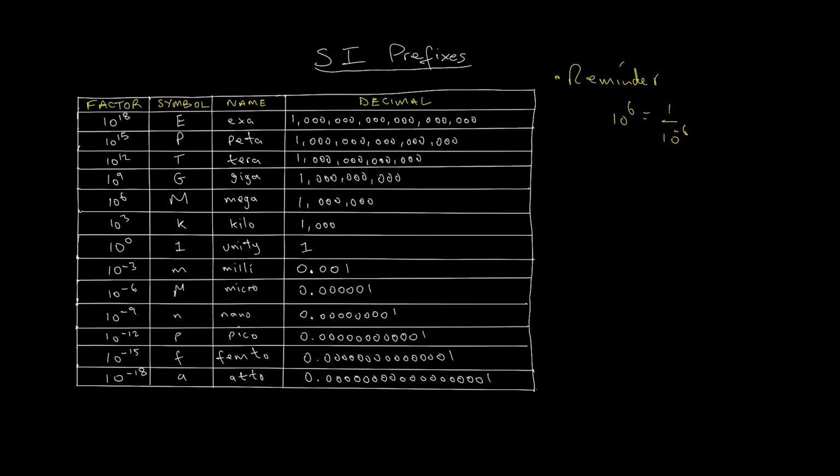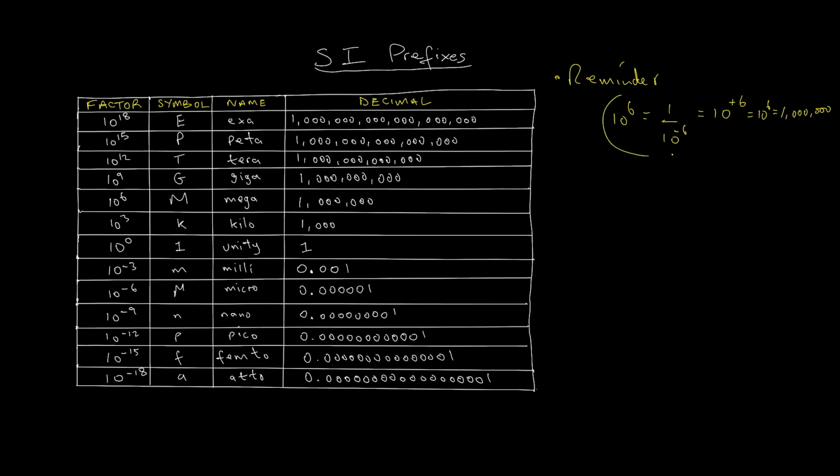So you can bring the whole thing upstairs as long as you change the sign, from minus to plus. 10 to the 6 equals 1 over 10 to the minus 6 equals 10 to the plus 6, which of course is 1,000,000 because it's there in our table. Okay.